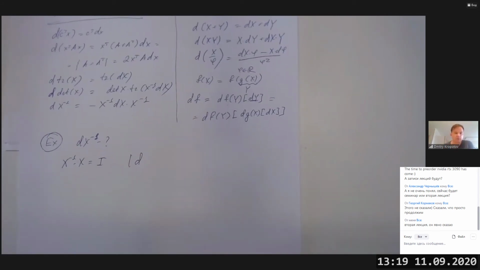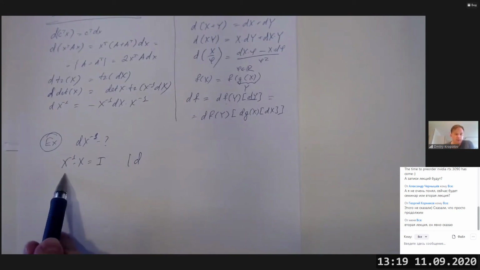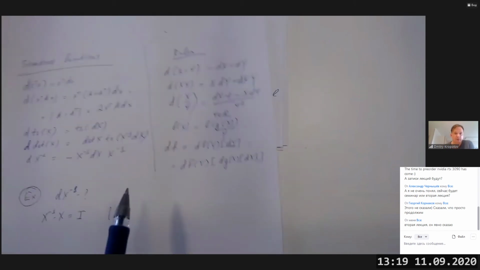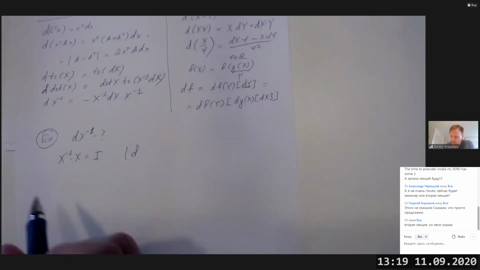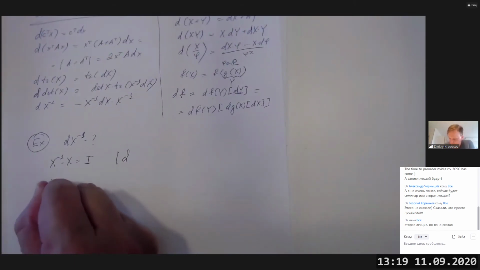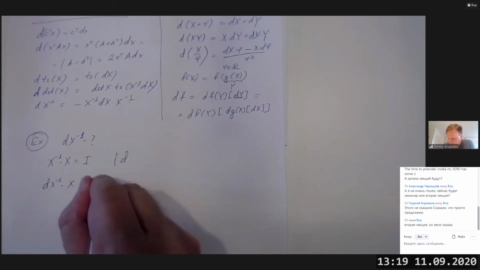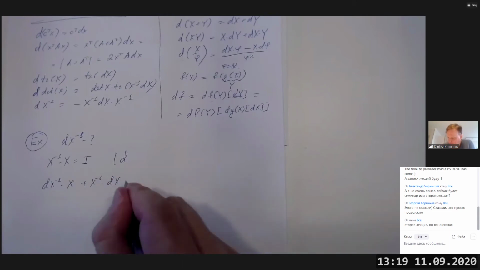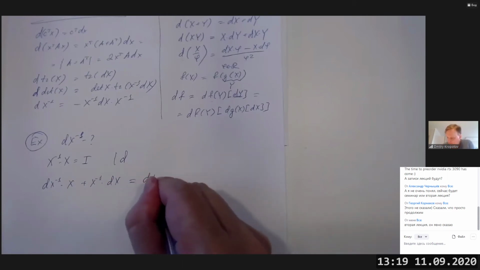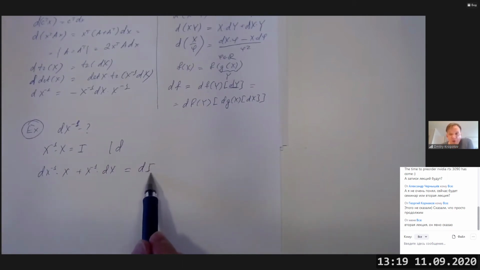Then take a differential of both parts here. The left part is the differential of a product, using this rule. We may write down that this is the differential of the inverse matrix times x plus inverse matrix times dx, which is equal to the differential of a unity matrix, but the unity matrix is a constant matrix.